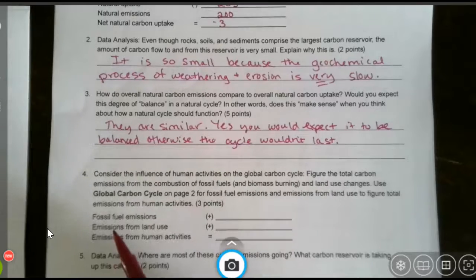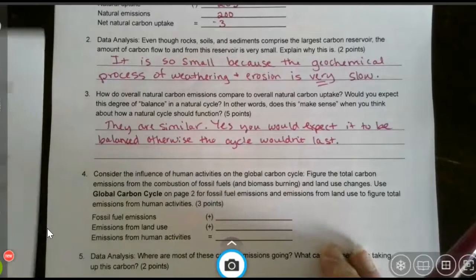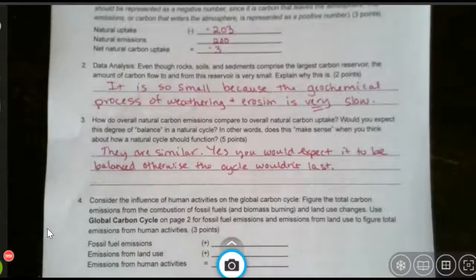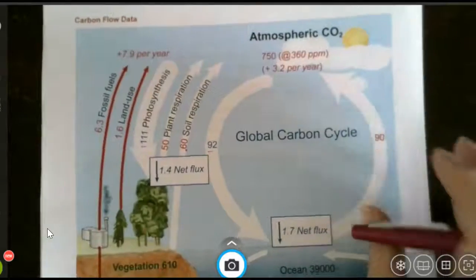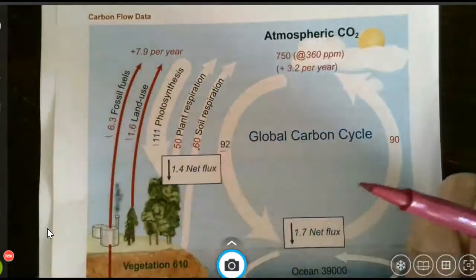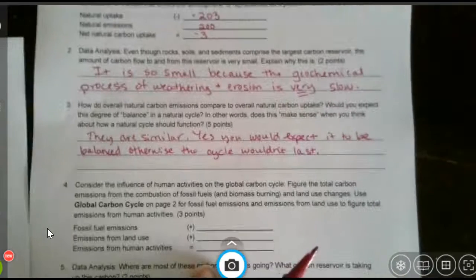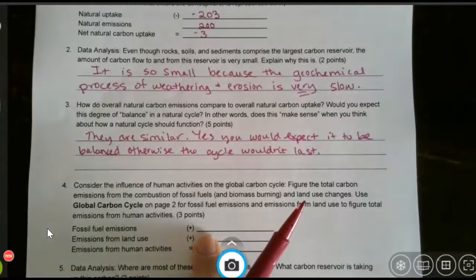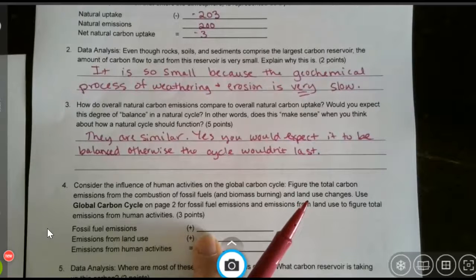Alright, so using the global carbon cycle on page 2, we're going to calculate the total emissions from human activities. Now, human activities on this graph are represented with the red arrow. So we're going to look at these two numbers here. We have fossil fuel emissions, which is our first one, and that's a positive sign because it's going into the atmosphere. And that is 6.3.